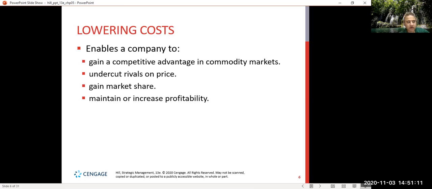The low cost can also allow a company to undercut rivals on price, gain market share, and maintain or increase profitability. Being the low cost player in an industry can be a very advantageous position. Although lowering costs below those of rivals is a particularly powerful strategy in a pure commodity market, it can also have greater utility in other industries.